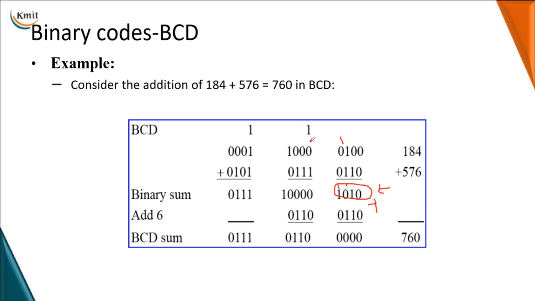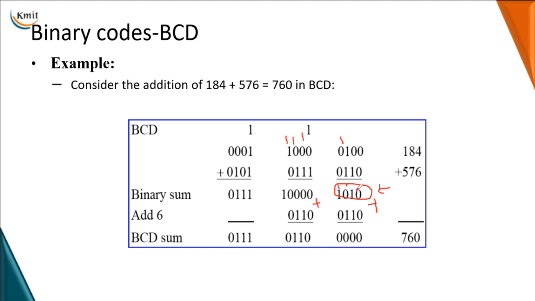When you have this, we are going to perform the addition bit by bit using binary rules. 1 plus 0 is 1, 1 plus 1 is 0 and here it is 1. So next 1 plus 1 is 0 with a carry 1, then 1 plus 1 is 0 with a carry 1, then 1 plus 1 is 0 with a carry 1. So if it forwards a carry upon adding your two digits to the next or most significant digit, then again we need to correct it by adding 6.